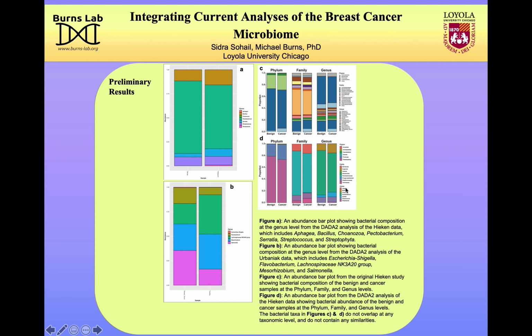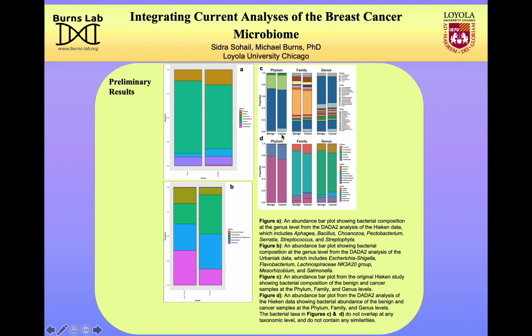Specifically, I've looked at the genus levels of the Heekin data in figure A, which is enlarged here. In both figures C and D, the bacterial taxa don't really overlap at any taxonomic level and don't contain any similarities.